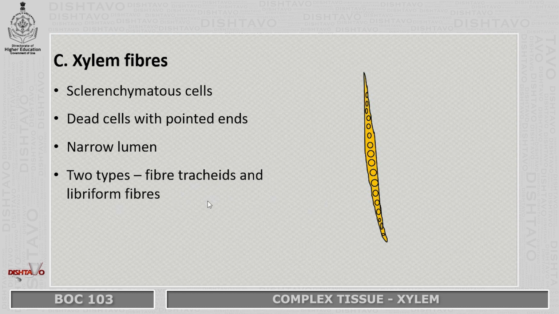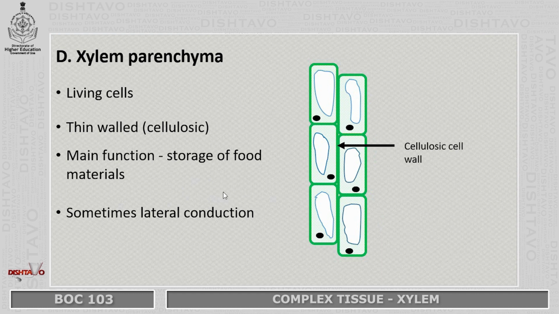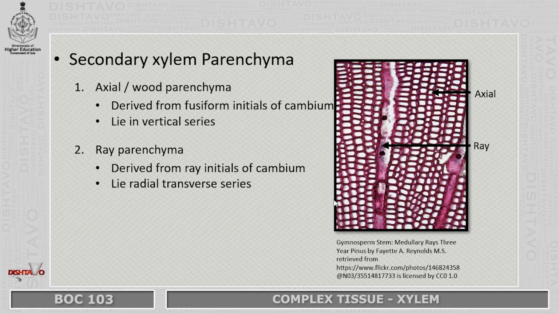Fiber tracheids show higher thickening as compared to the libriform fibers. Then you have the last component, the xylem parenchyma, which is the only living tissue in the xylem. They are thin walled and the walls are made up of cellulose, and their main function is storage of food materials. Sometimes they are also involved in lateral conduction.